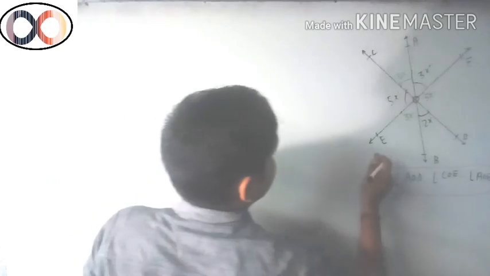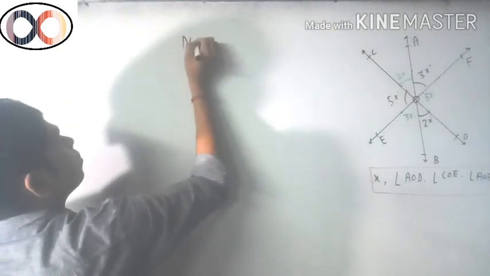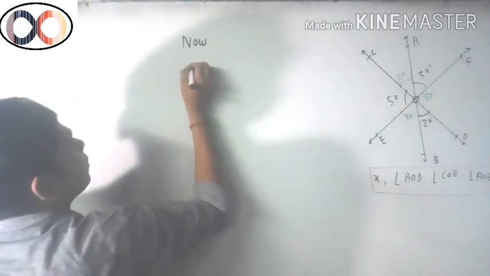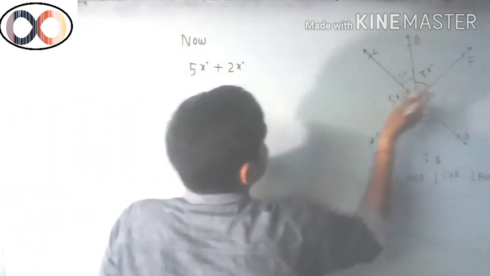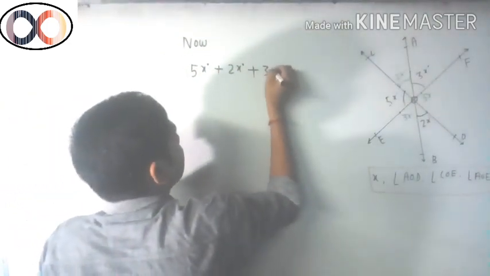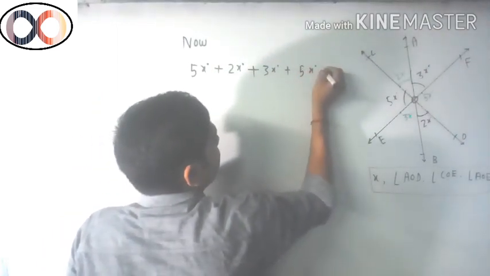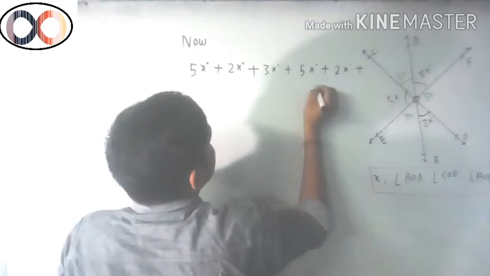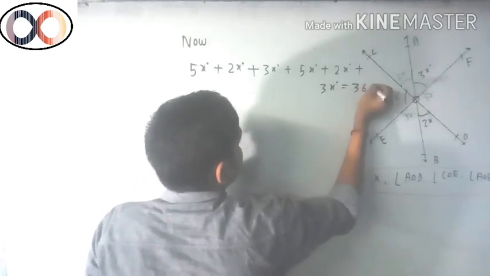So we write 3x plus 5x, then 5x degrees plus 2x degrees, and 3x degrees plus 5x degrees plus 2x degrees plus again 3x degrees. It will equal 360 degrees.